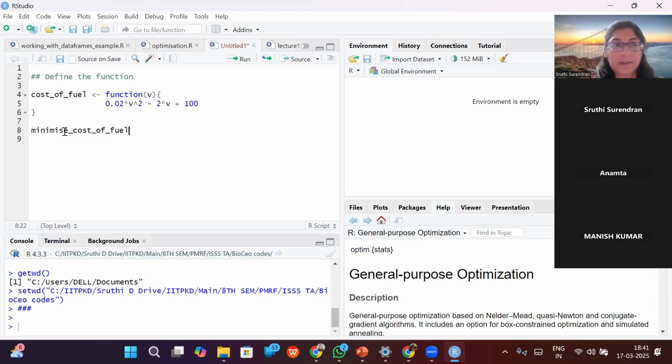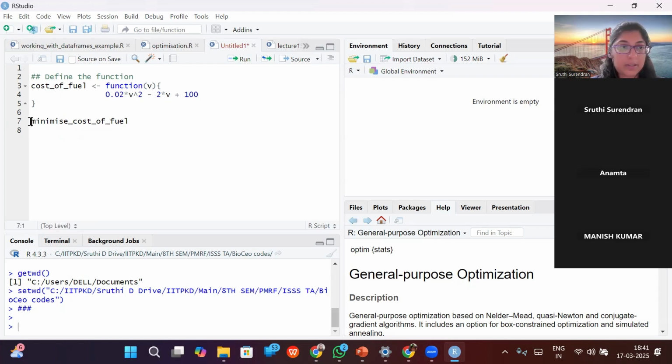So we first define the function with decision variable V, and now we define the objective function. These are all comments, just written so that we can recognize later what that line of the code is. Say suppose we forget, and there are a lot of codes written.